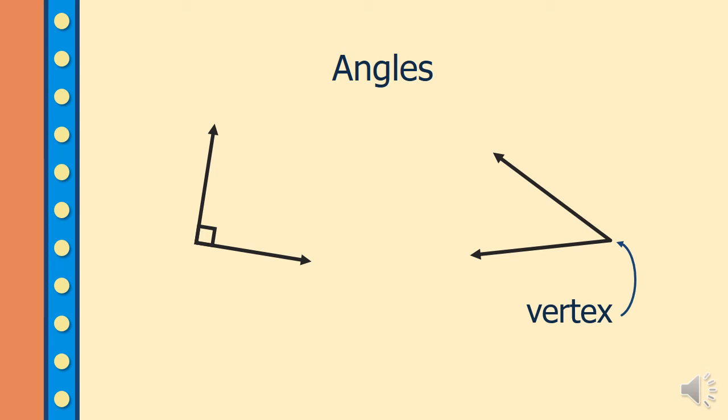Polygons always have more than one vertex. And so there's the plural form of this word that you also need to know, and it's vertices. So more than one vertex is called vertices. Let's look and see how this applies to polygons.